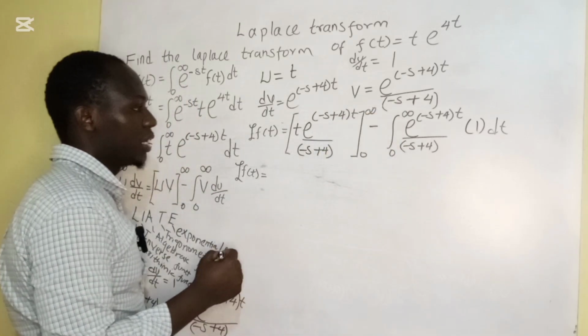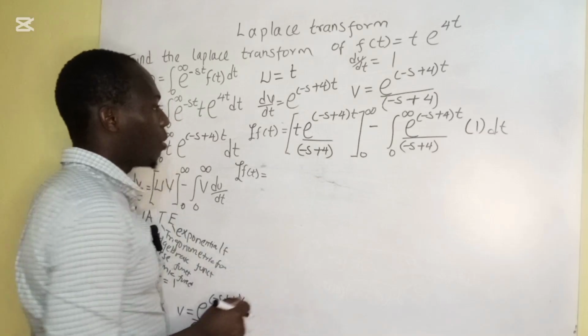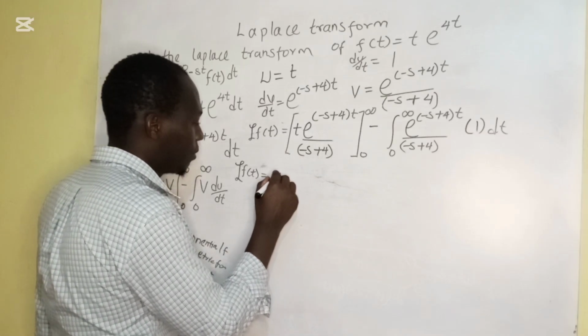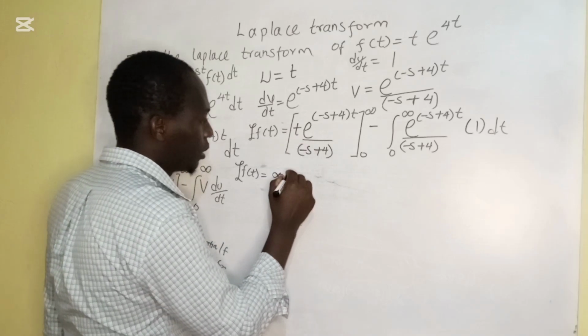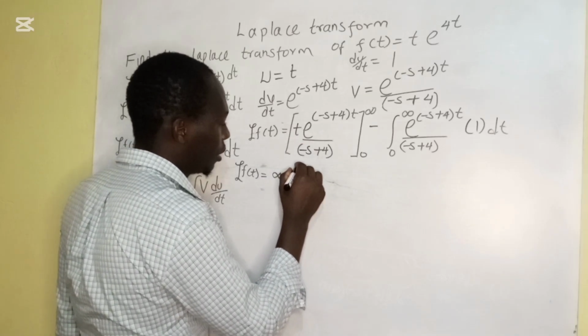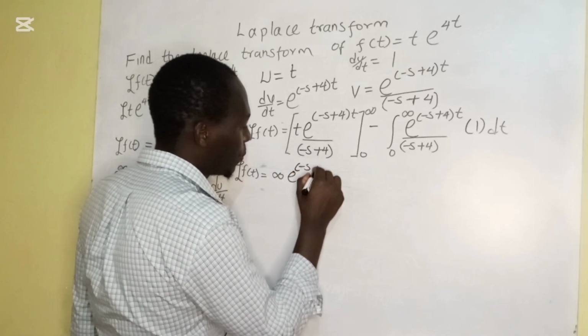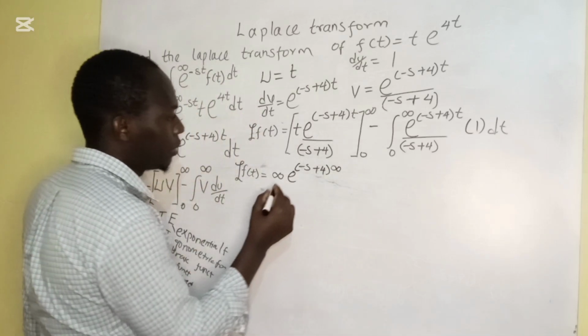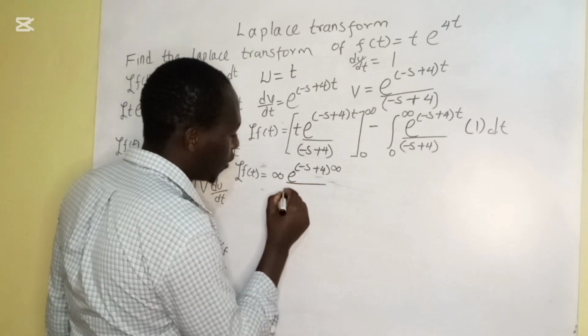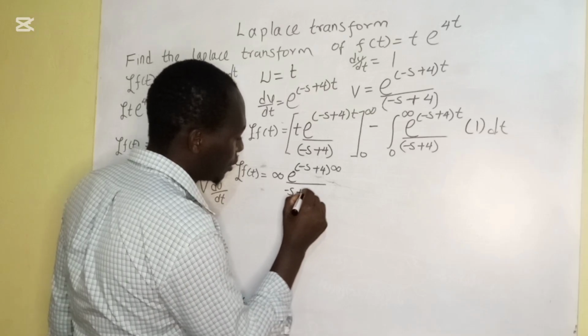So let us simplify our bracket here, and we are going to have infinity for this one, exponential negative (s + 4). We insert our infinity, all over negative (s + 4).